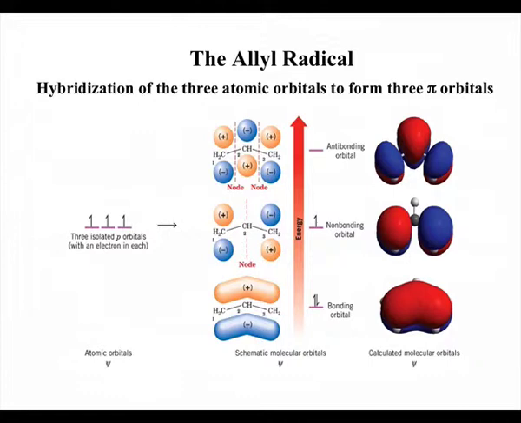The next highest one will have a node, and the easiest way to do that is a sign, node, opposite sign. This is a single orbital. And then this is an orbital where I know I have to have 2 nodes, and the way that I make those combinations is like that. So you start off with 3 p orbitals, you end up with 3 molecular orbitals. Okay?